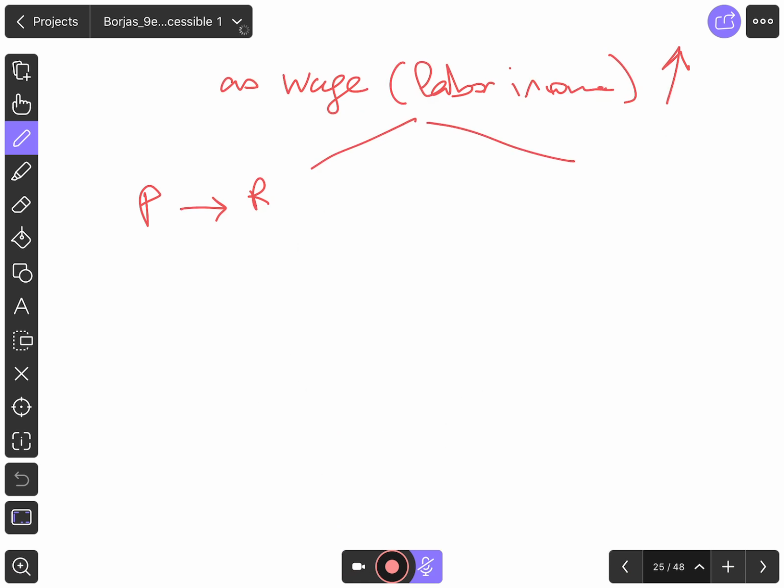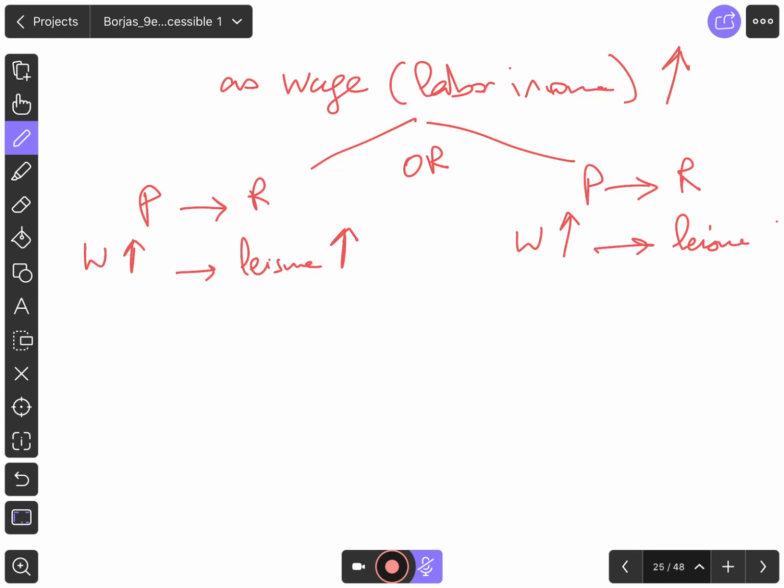So P to R, wage increase, leisure time increase. Or I'm moving from P to R again, but wage increase, leisure time decrease. Wage increase, leisure increase is a positive impact. In other words, the income effect dominates, or is bigger than, the substitution effect.